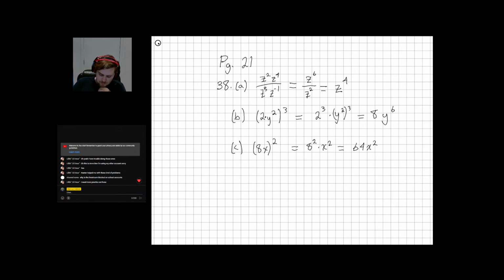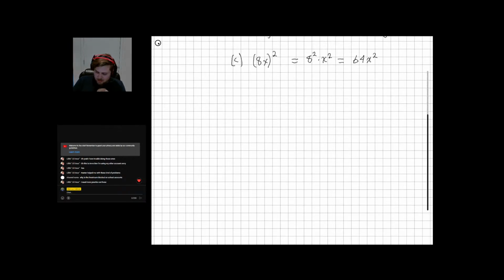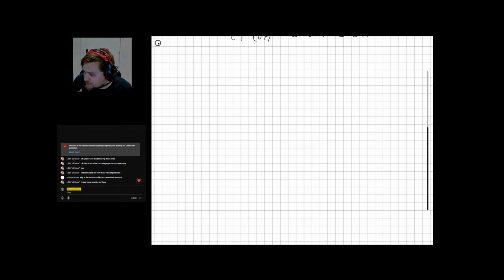I'm going to scroll down and do, I don't know, 47a. And we're going to do the same sort of deal. If we see exponents over division or multiplication, we're going to distribute.